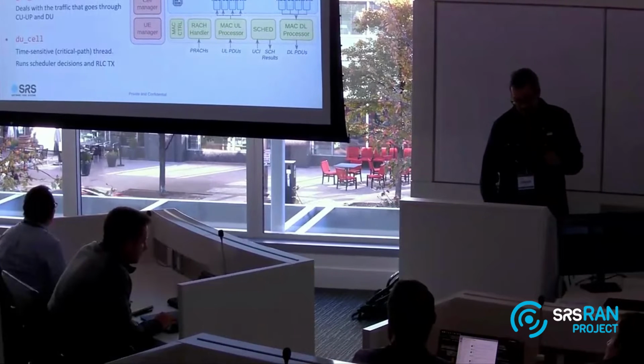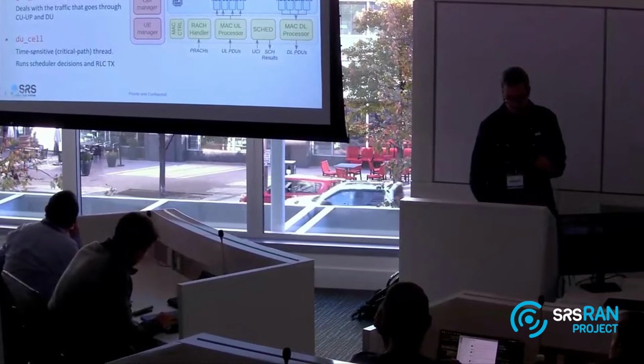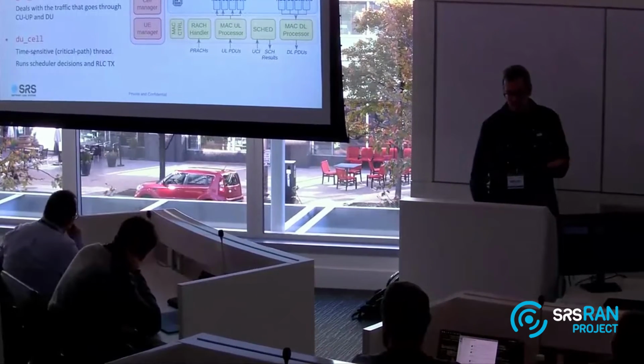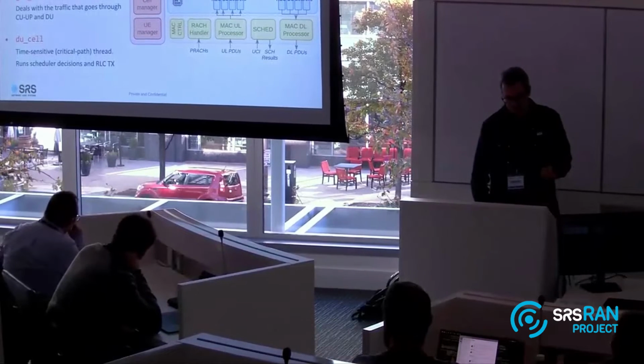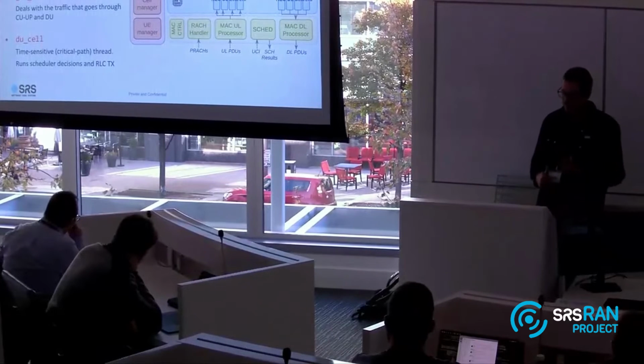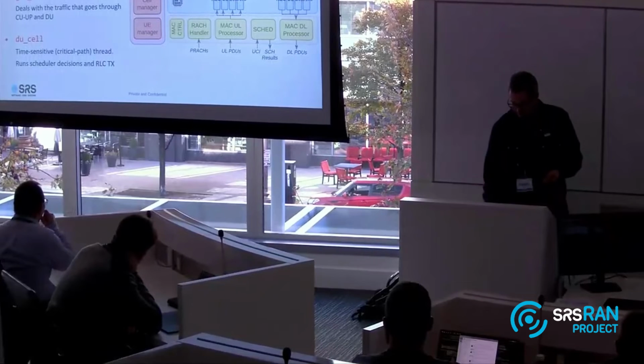DU. And the DU cell, this is a very important thread because it runs the time-sensitive, critical path on the L2. So that's essentially the thread that runs the scheduler decision when a slot indication arrives.